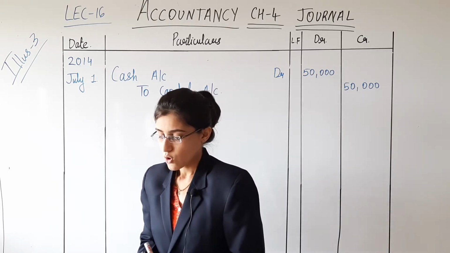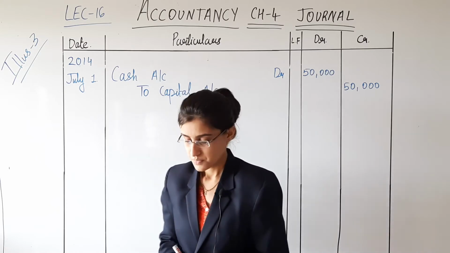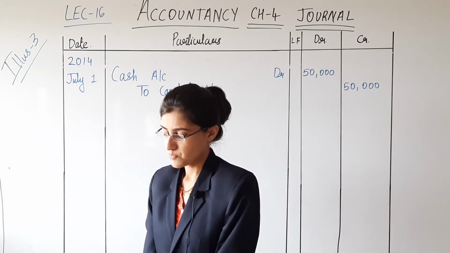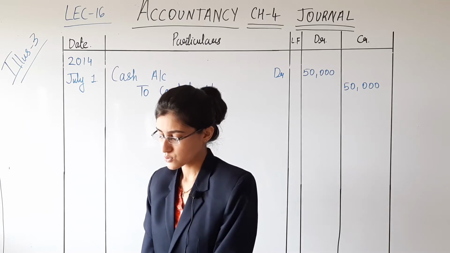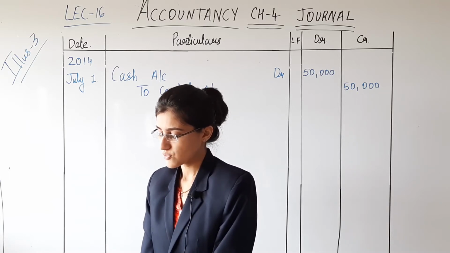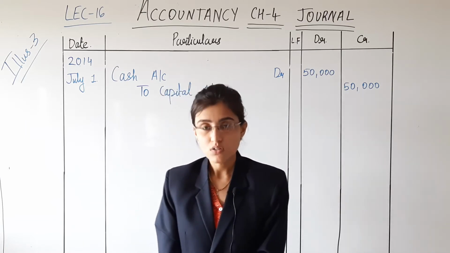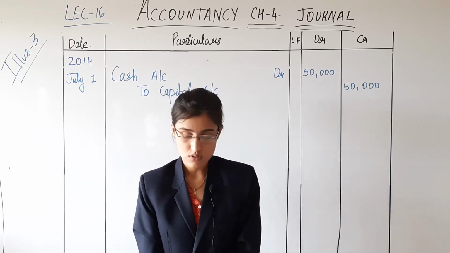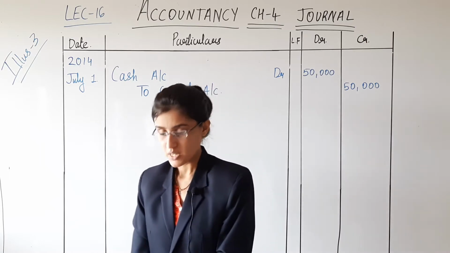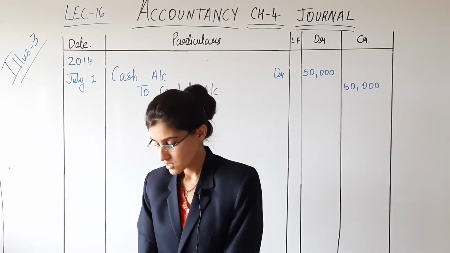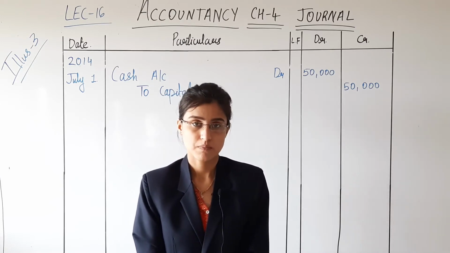Fine then. The next transaction is dated July 4. Brought goods of rupees 10,000, furniture of rupees 2,000, debtors of rupees 30,000 in business. I repeat, brought goods of rupees 10,000, furniture of rupees 2,000 and debtors of rupees 30,000 in business.